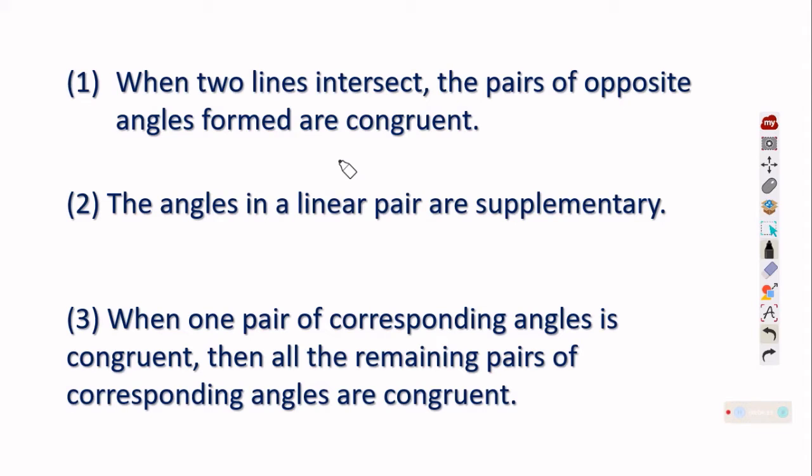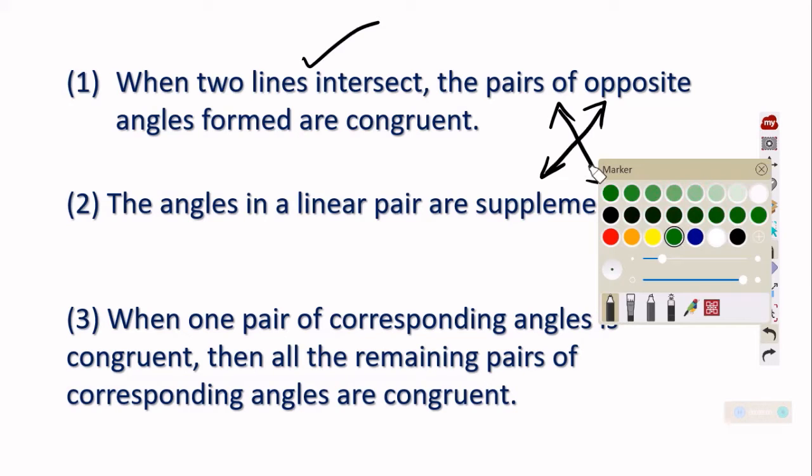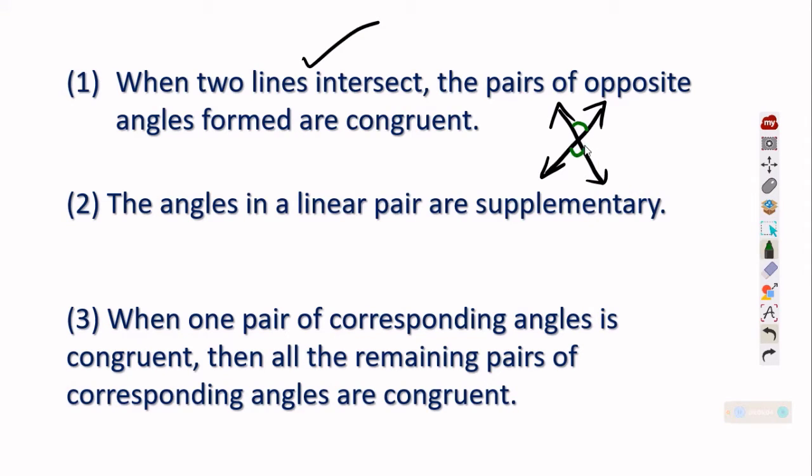This particular thing you studied in your previous year: the vertically opposite angles formed by two intersecting lines are congruent. If I simply show it to you, it can be shown like this. Talking about these angles, which are the angles? This angle is congruent to this. This angle is congruent to this, which are named as vertically opposite angles.